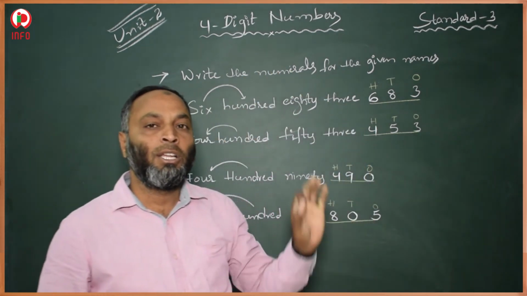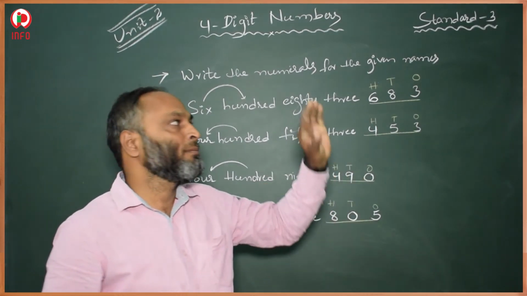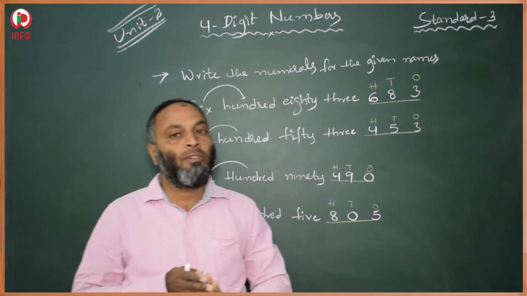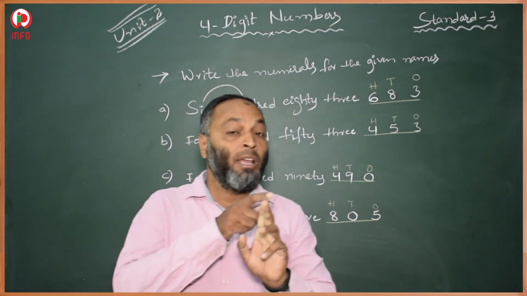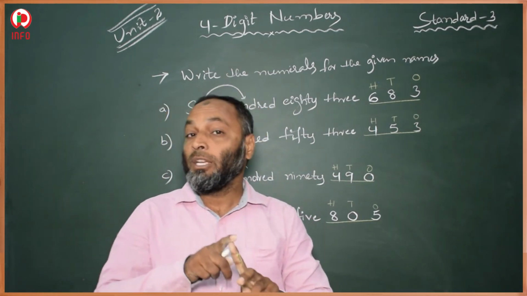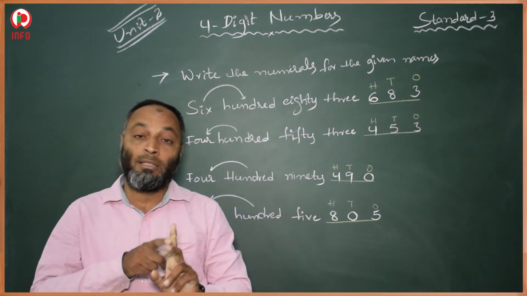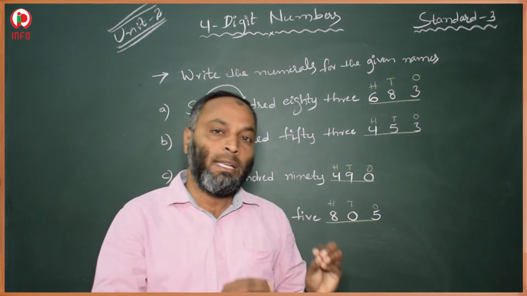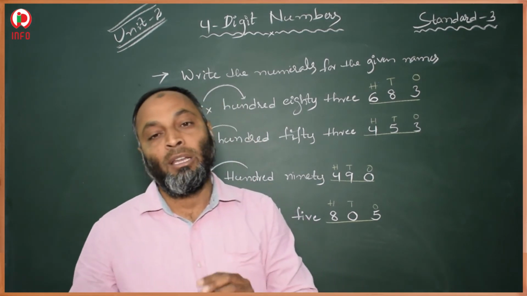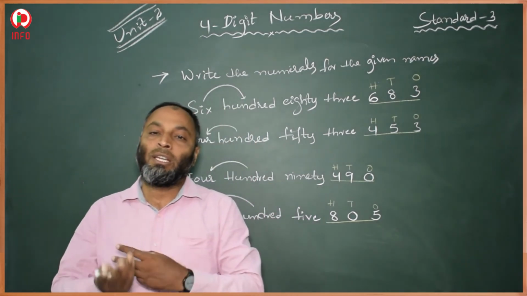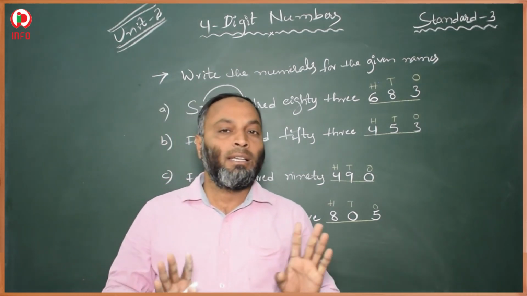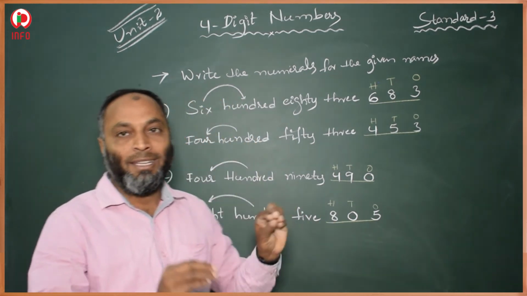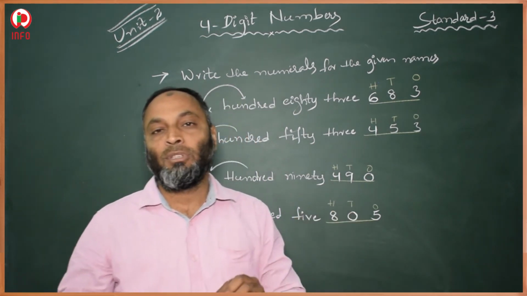So what did we discuss? We discussed converting numerals into names and names into numerals, and comparing using the greater than symbol, less than symbol and equal to symbol. These three things we recapitulated.